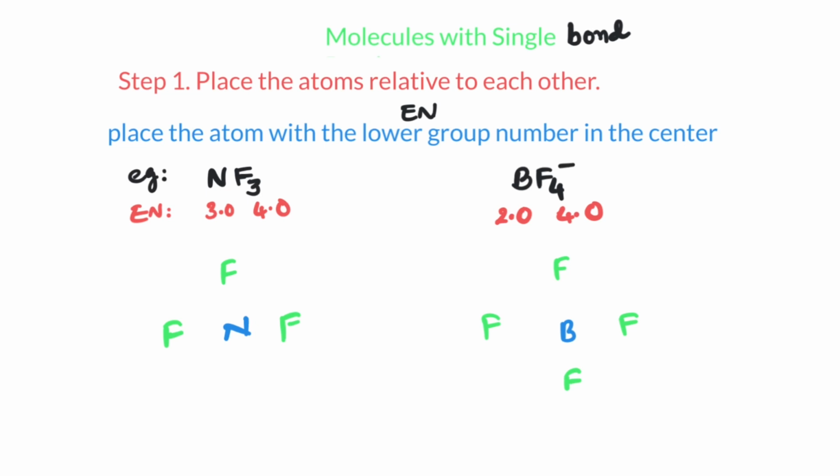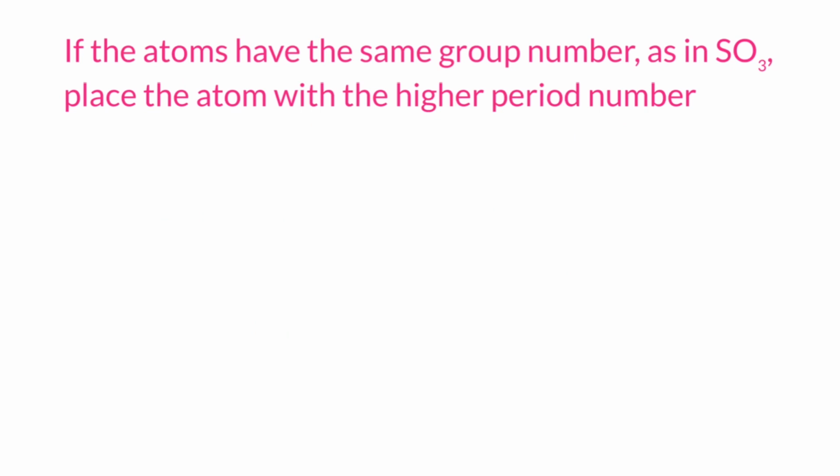Like this, we can represent them relative to each other. Then you may get one doubt also. If the atoms have the same group, like in SO3, place the atom with the higher period number at the center.